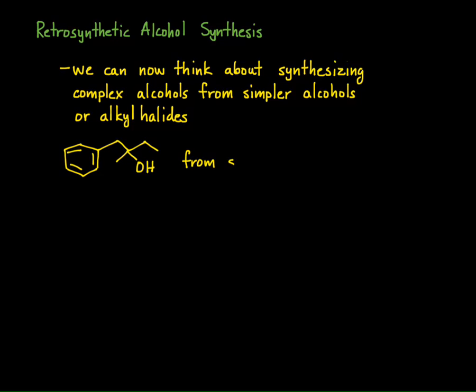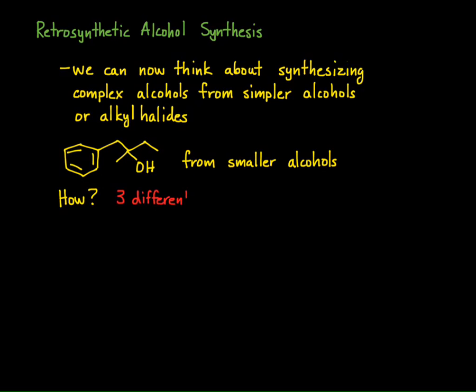Well, let's take an example of this particular alcohol. What if you were asked to design a synthesis of this from smaller alcohols? And I'll leave it at that. Most of the time it's going to be specified how many carbons the alcohol can actually contain. So you have to think about what direction you want to take. So the question becomes then, how do I make this?